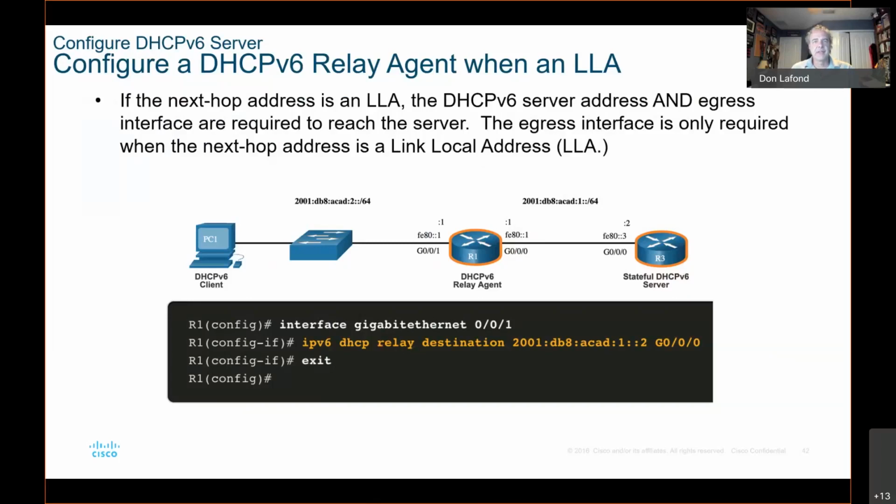You go into this interface and configure ipv6 dhcp relay destination FE80::3, but you also have to use the exit interface here. Because remember, those link-local addresses, the LLAs, can be duplicated. So R1 might have 3 different routers, all with an FE80::3.